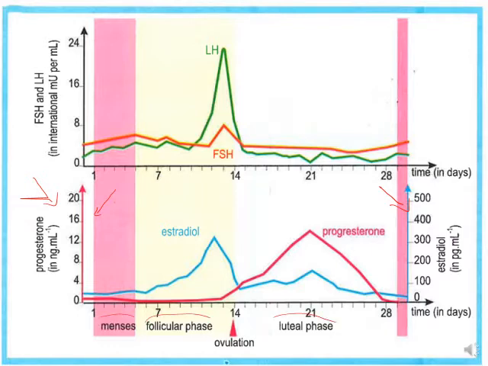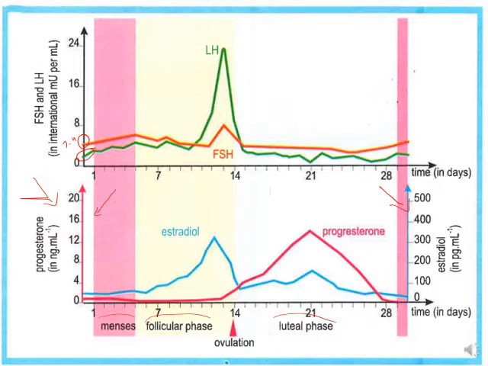If you notice here that at the beginning of the follicular phase, the level of the FSH is about 3 to 4 mU. This is the value, okay? Whereas the level of LH is about 2 mU. Here is the level of LH.